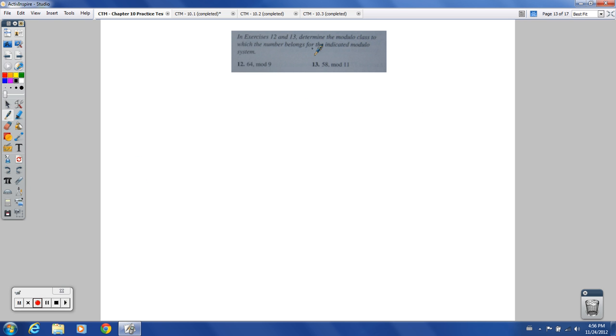So now let's do some mod arithmetic stuff. Determine the modulo class to which the number belongs for the indicated modulo system. Alright, so number 12. 64 mod 9, what does that equal? If you forgot how to do this, think of long division with the remainder. 64 divided by 9, you'd have 7 with a remainder of 1.